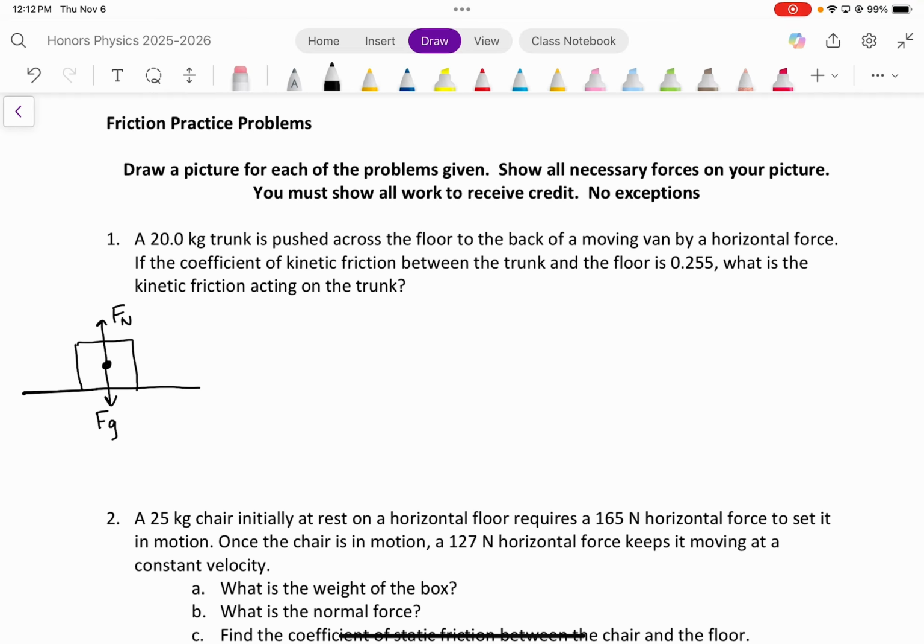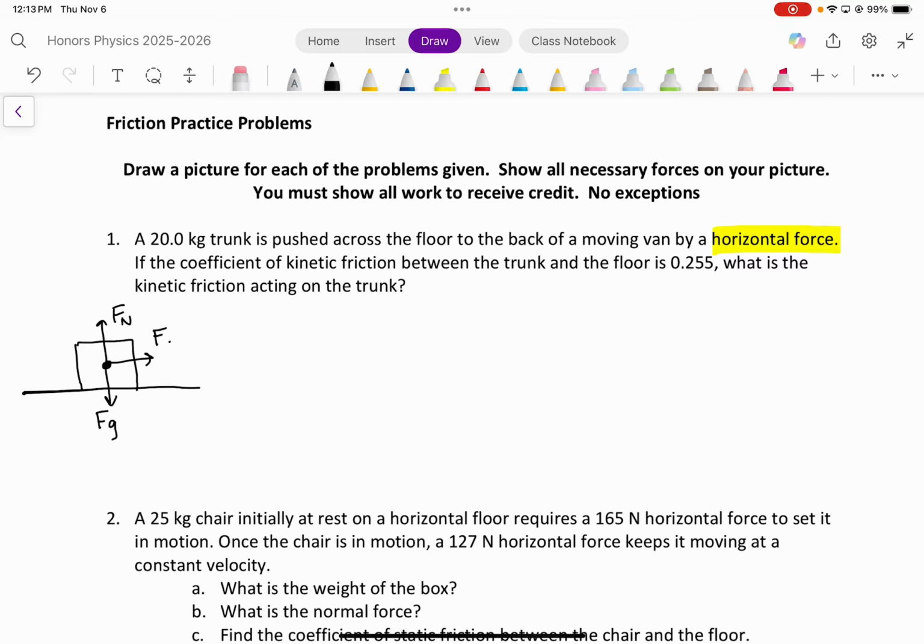This horizontal force that is mentioned in the problem, we have to account for that. It doesn't tell us in the problem what direction that horizontal force is being applied. So typically that means we just assume that the push is in the positive direction.